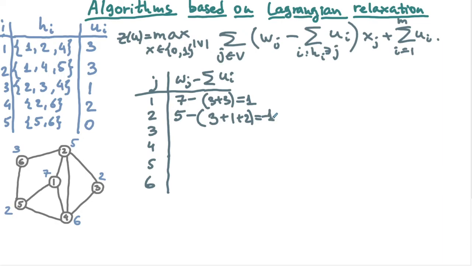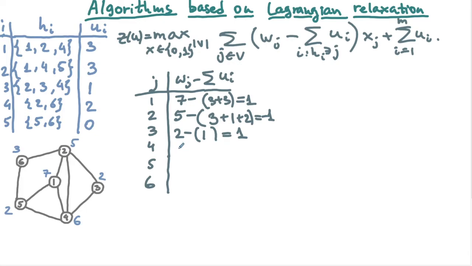So we obtain negative 1. For the third vertex, the weight of the vertex is 2, and the summation of ui's is going to be equal to 1, and this is the only hyperedge that contains the vertex 3. So we have 1 for the coefficient for x3.